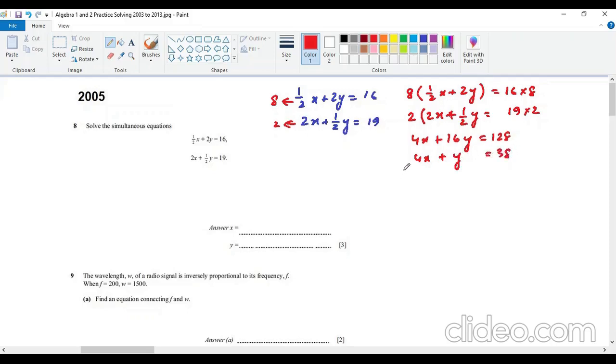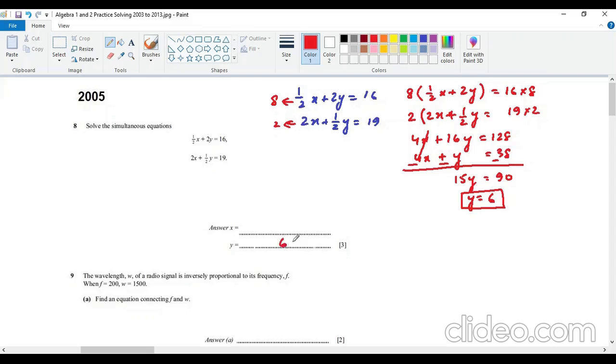Making a straight line and subtracting it this way, these two are going to be cancelled. 16 minus 1 is going to give us 15y, and 128 minus 38 is going to give us 90. That means the value of y equals 6. 15 times 6 is 90. So the value of y is found out.